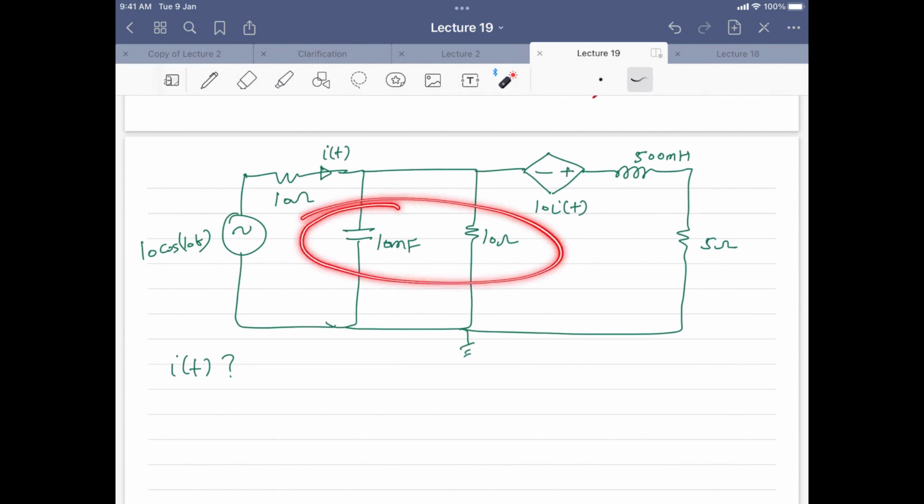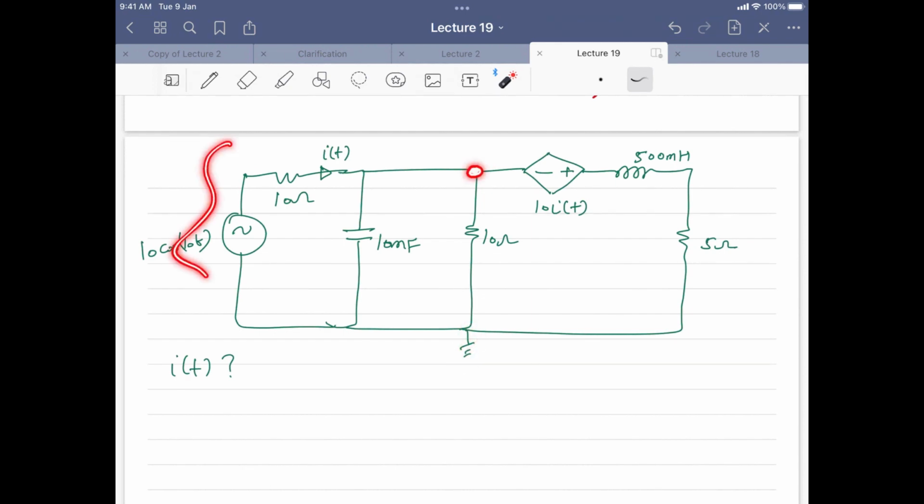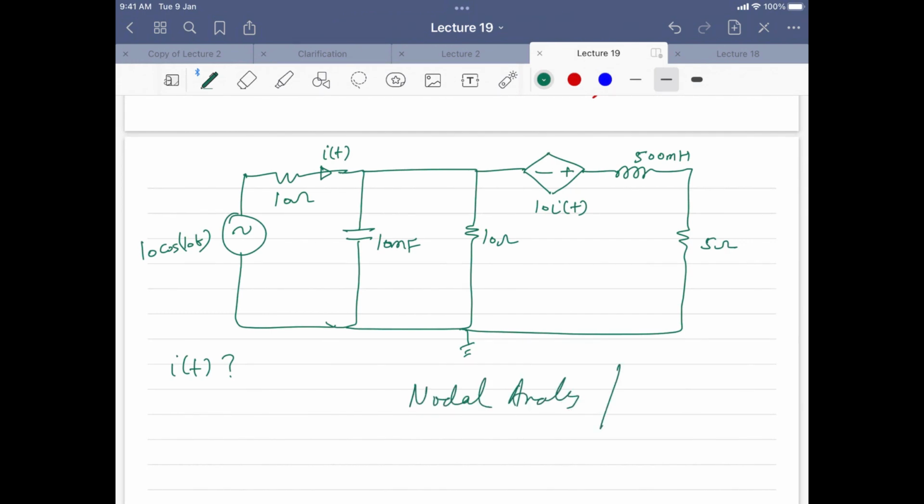You can either take a combination of this, or take source transformations, use nodal analysis, whatever suits you. The answer will come out to be the same. So try to do it through different ways. Try to solve it through nodal analysis. Try to solve it through source transformation, and try to solve it through whatever you want actually.